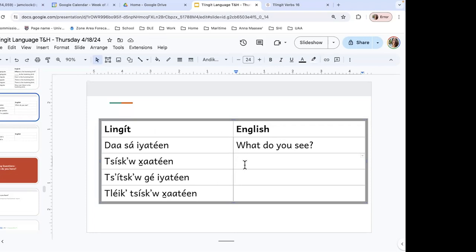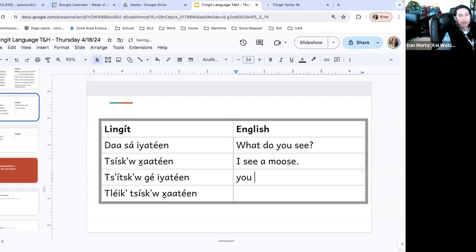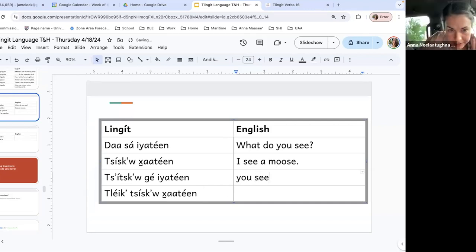Moose. I see. Yeah, I see a moose. And then tsitsk iatin. You see a small bird. Yeah, you see a small bird.